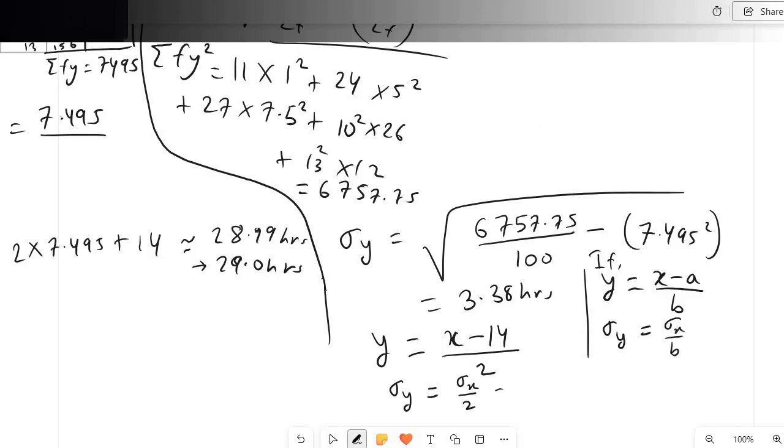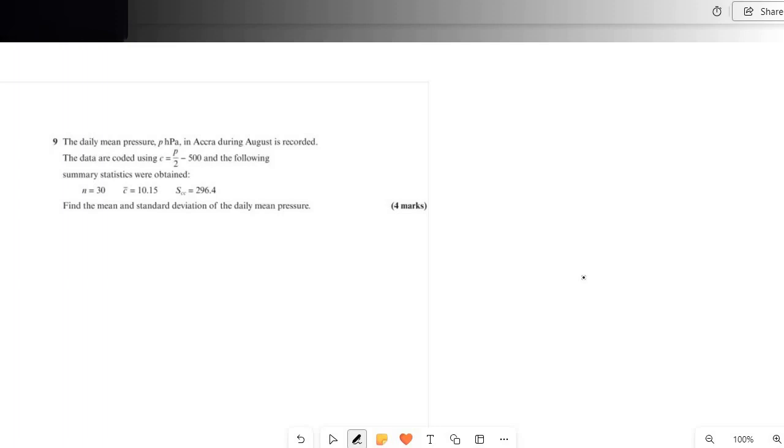So using the same format, the standard deviation of x, which is the original variable, is going to be 2 multiplied with 3.38, the standard deviation of y. And this gives us an approximate value of 6.76 hours.